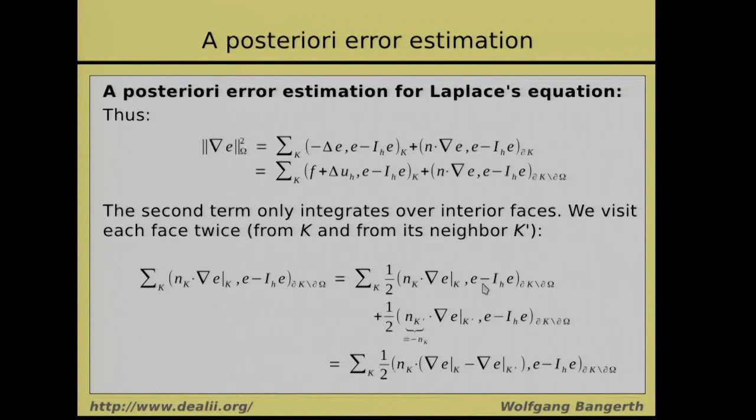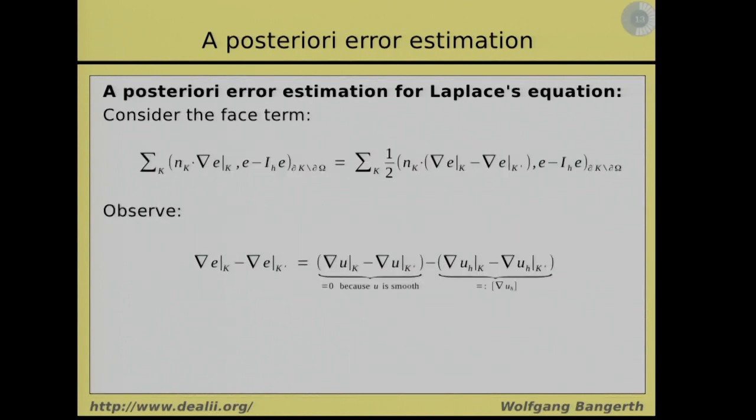All right, so if I put this together with the negative sign that I get here, this whole boundary term over the faces turns out to be a sum over all of the cells, still a sum over all of the faces of this cell, 1/2 times nK times the gradient on this cell minus the gradient on the neighboring cell, evaluated at the interface.